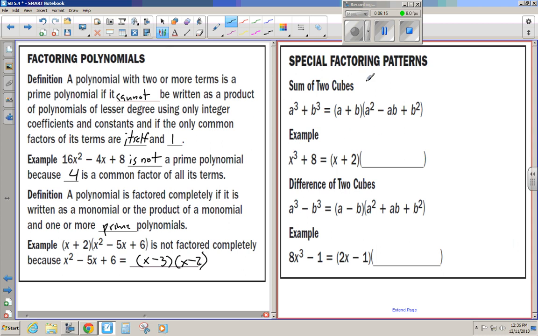So here are some special factoring patterns again. Here's the sum of two cubes. It follows this pattern. If it's a perfect cube plus a perfect cube, you write a plus b, and then, let's see here. So a is x, and b is 2.